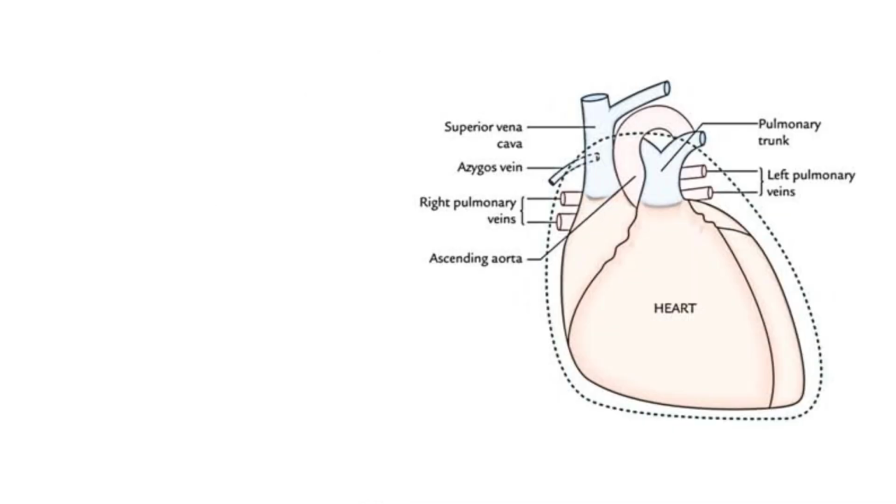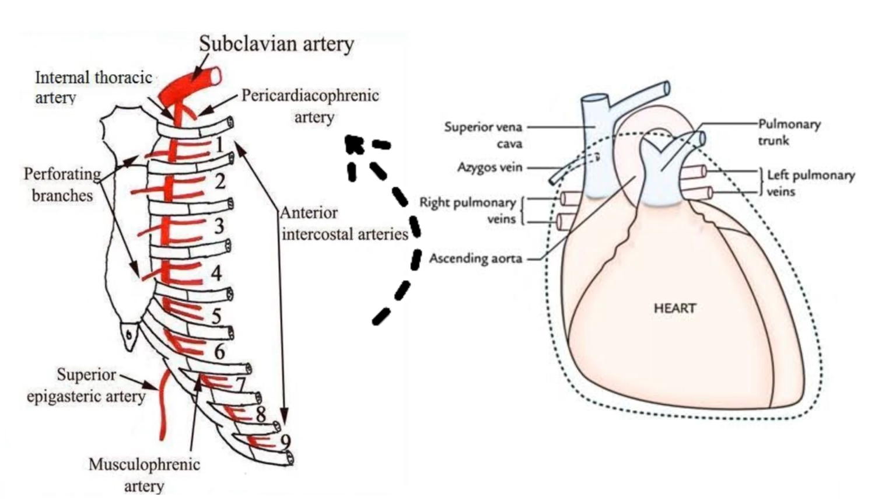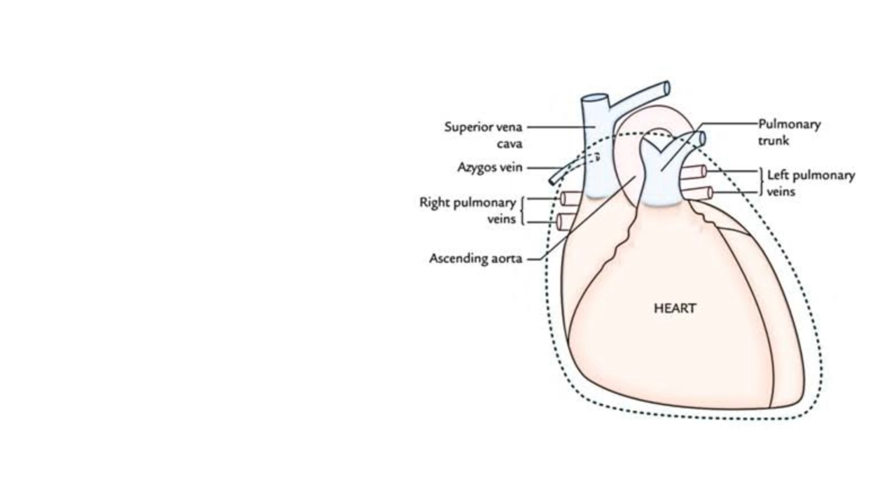So the contents of the middle mediastinum include the heart, include the pericardium, which is the covering of the heart, the ascending aorta, pulmonary trunk, which divides into two pulmonary arteries. You have the pericardiophrenic arteries. You have lower half of superior vena cava, azygos vein, its terminal part, pulmonary veins right and left.